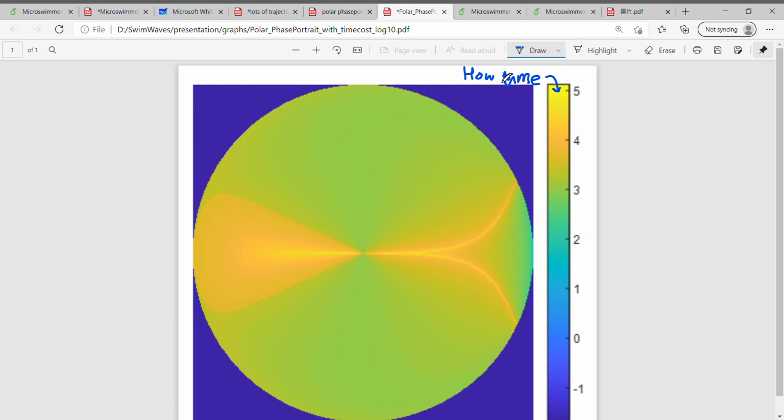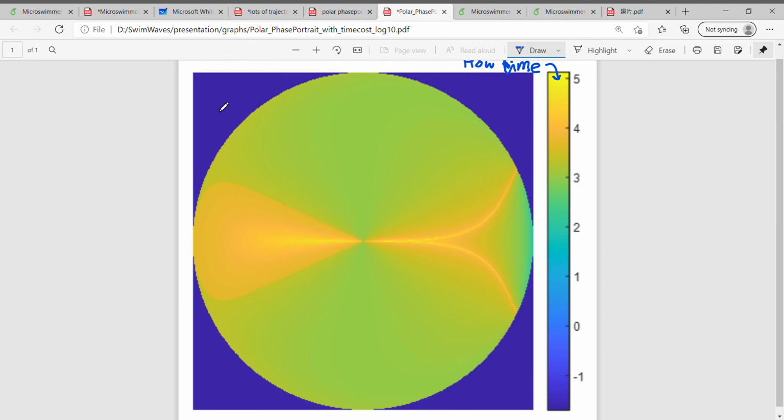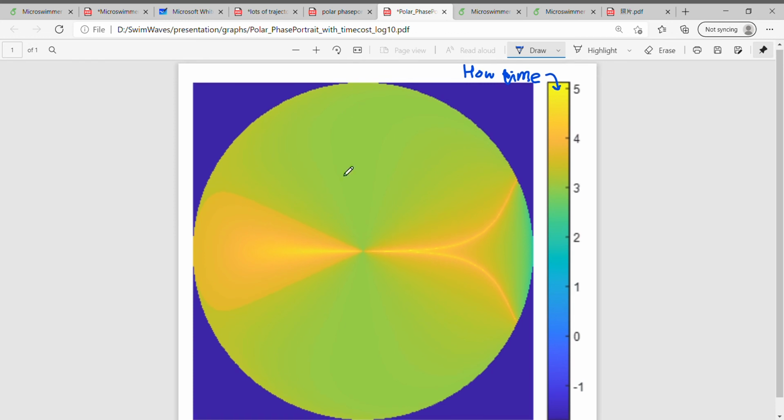Blue, actually, you should trim off this blue part, only reserve the middle part.